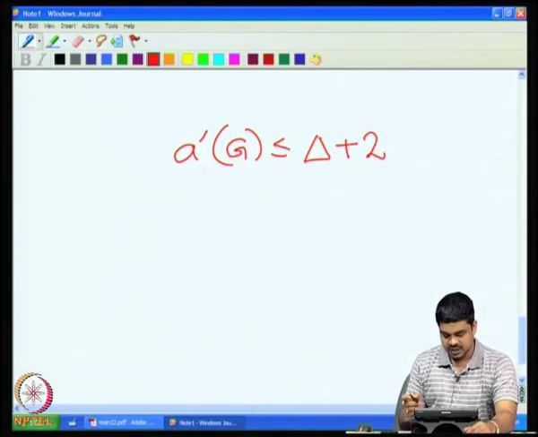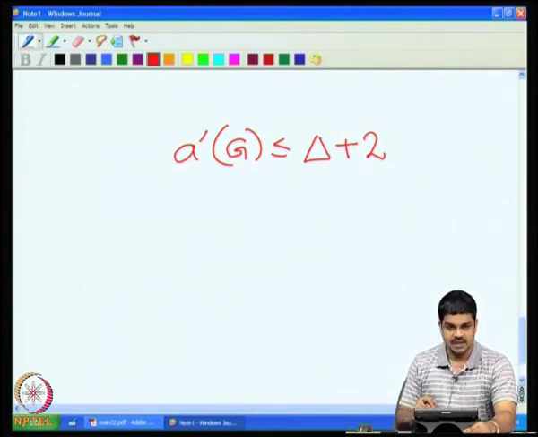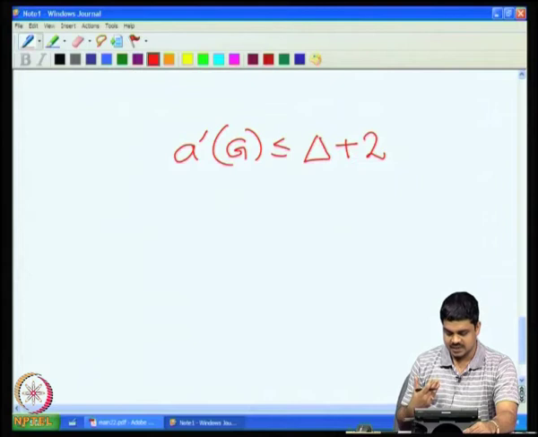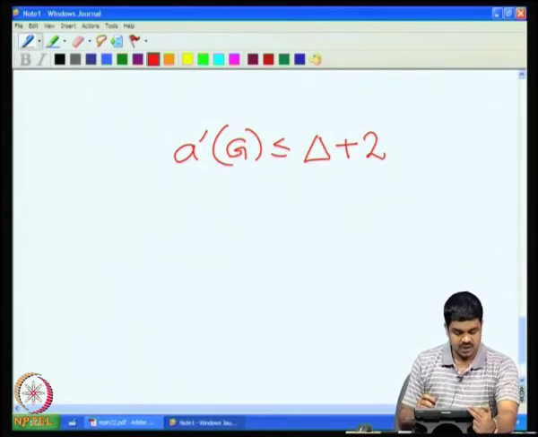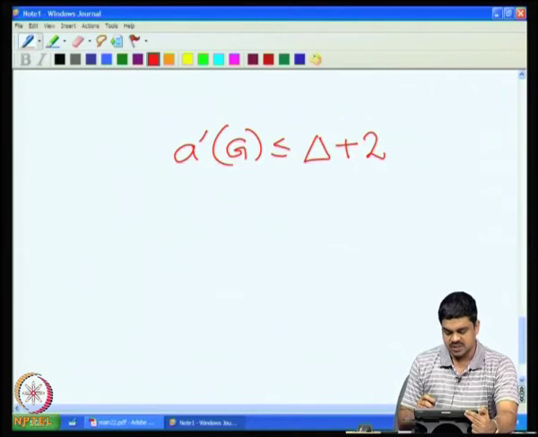That means the requirement of acyclicity, that no cycle should contain fewer than 3 colors, I mean, there should not be a cycle using only 2 colors, will not increase the requirement on coloring by too much; only delta plus 2 colors are enough. This is what they are saying, right.